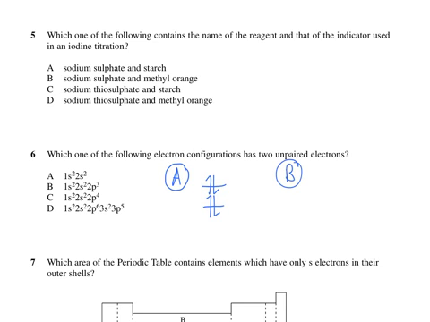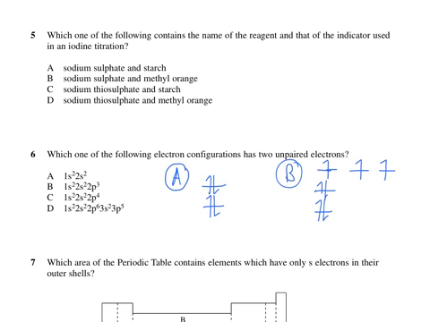Then for B, we've got 1s2, 2s2 and 2p3. So we need to do our 1s2, our 2s and our 2p, which has 3 p orbitals. So we've got 2 in 1s, 2 in 2s, and then we've got 1, 2, 3.